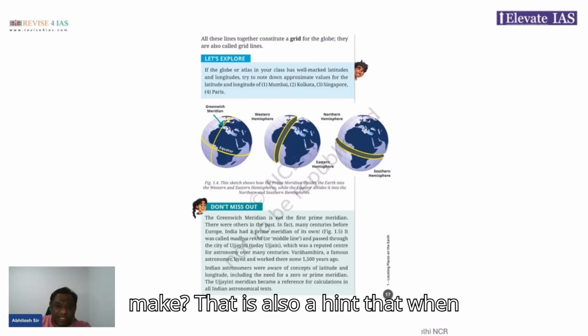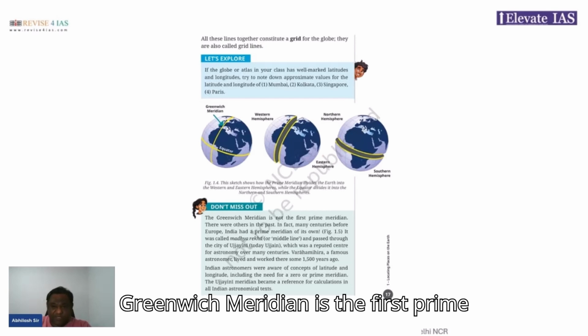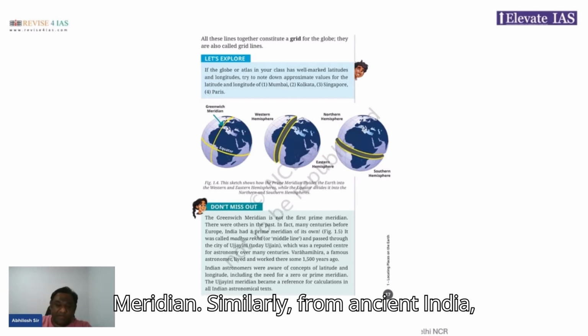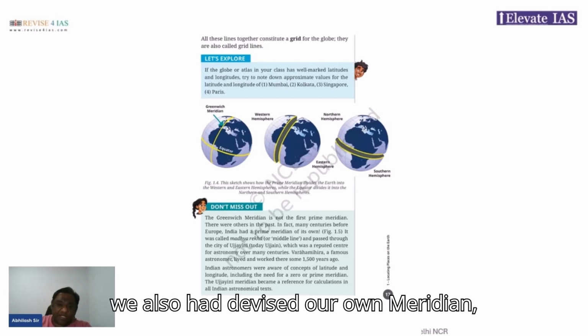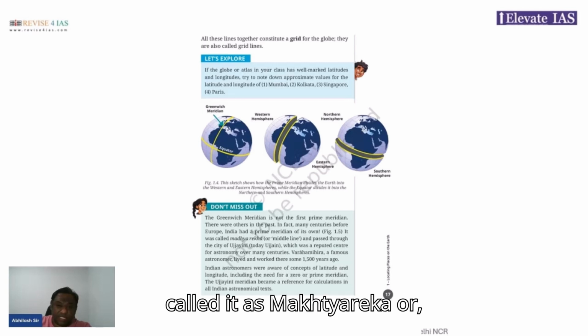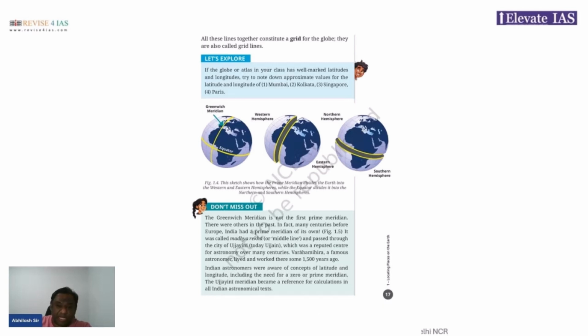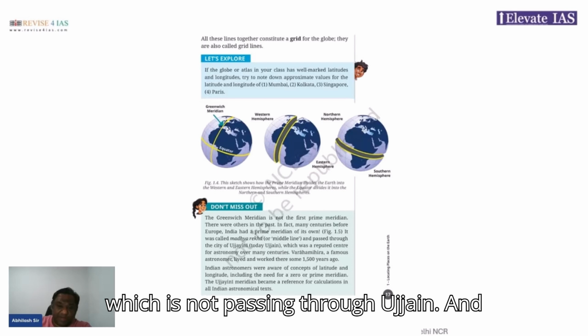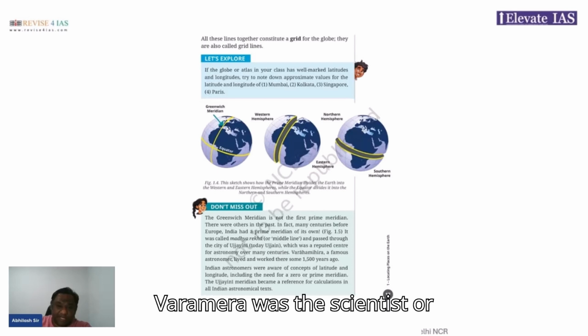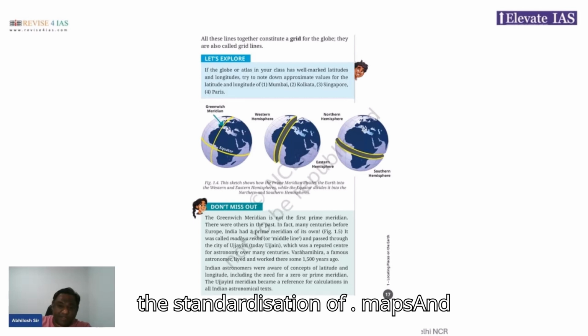There is also a hint that, just as the Greenwich meridian is the first prime meridian, similarly from ancient India, we also devised our own meridian called Madhya Rekha, which was passing through Ujjain. Varahamihira was the scientist or astronomer who, around 1500 years ago, was working on the standardization of maps.